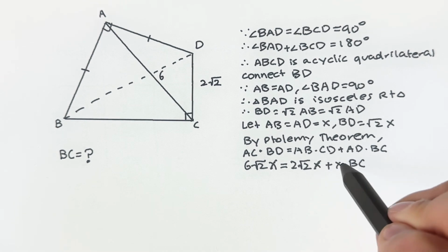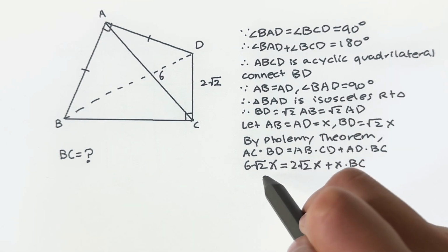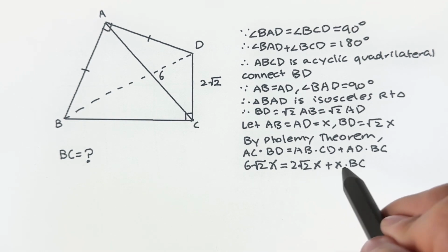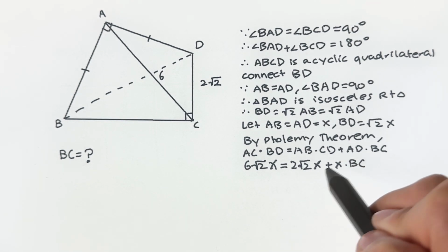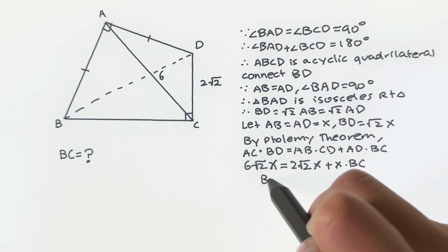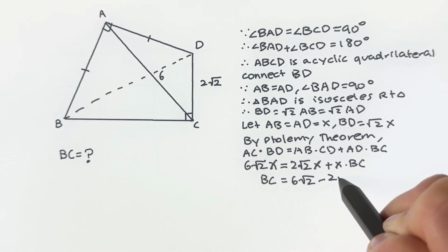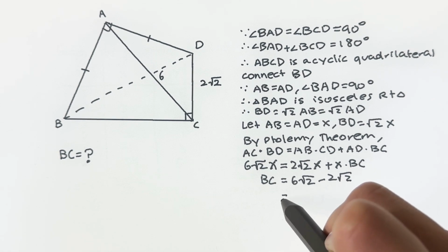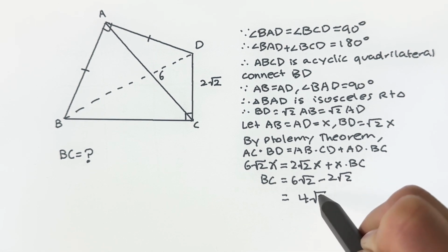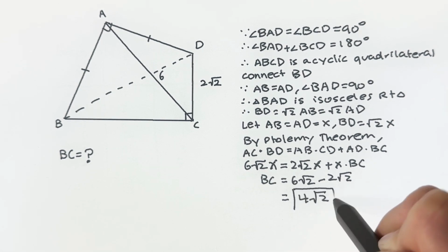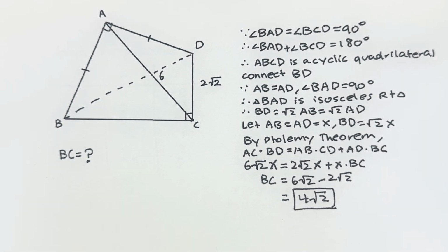After we divide by x on both sides, we end up with 6 square root 2 equals 2 square root 2 plus BC. So BC equals 6 square root 2 minus 2 square root 2. This equals 4 square root 2. And that is how you solve this problem.